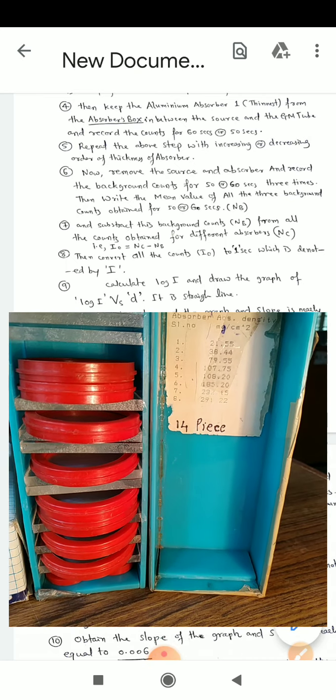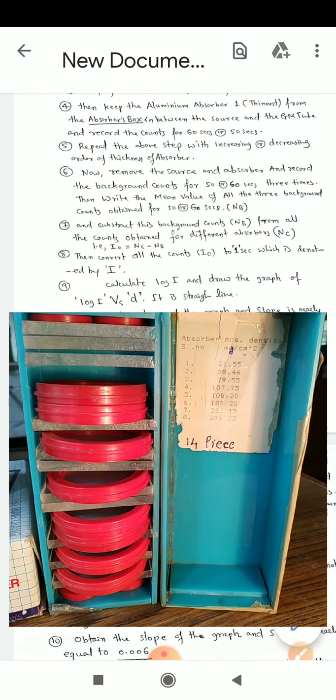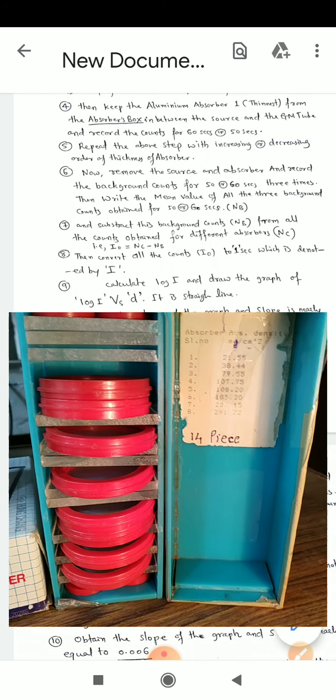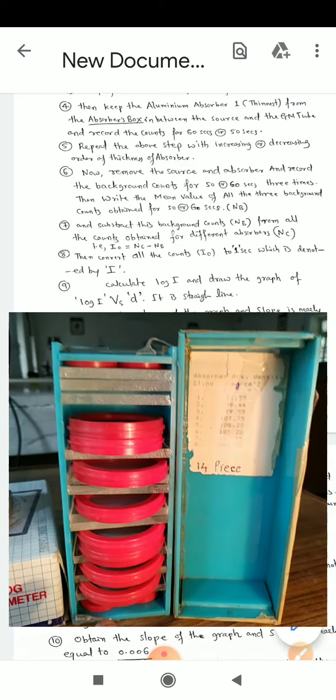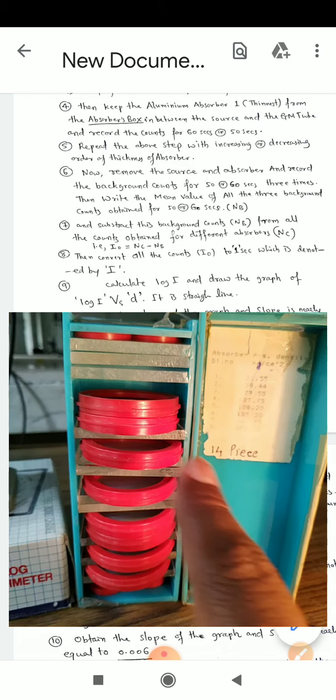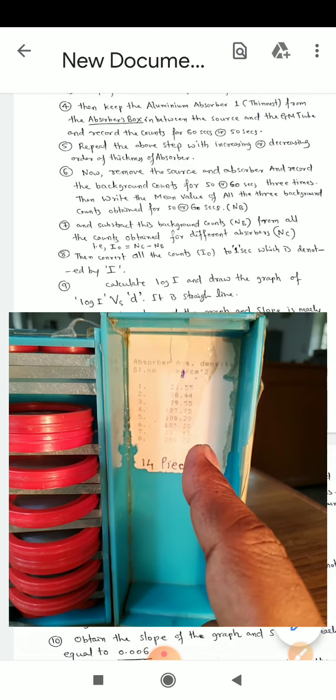And the fifth one is to repeat the above step with increasing or decreasing order of thickness of the absorber. Here I will show you. These are the absorbers, and their thickness is given here.